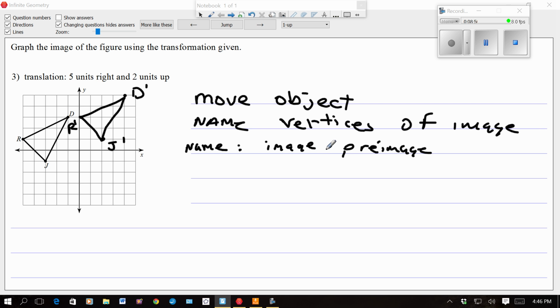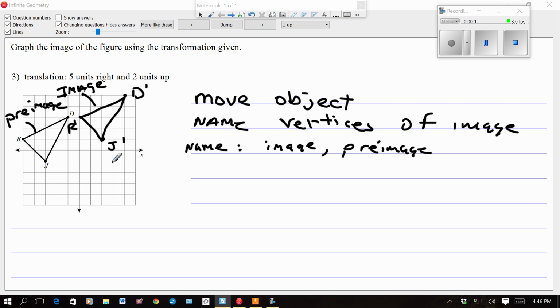Two things you have to do here: make sure you put the prime marks on the triangle that you translated, and then name them. So this is called my image, and this is called my pre-image. Yes, I know, it's a lot of work. Wow, okay, you can do it.